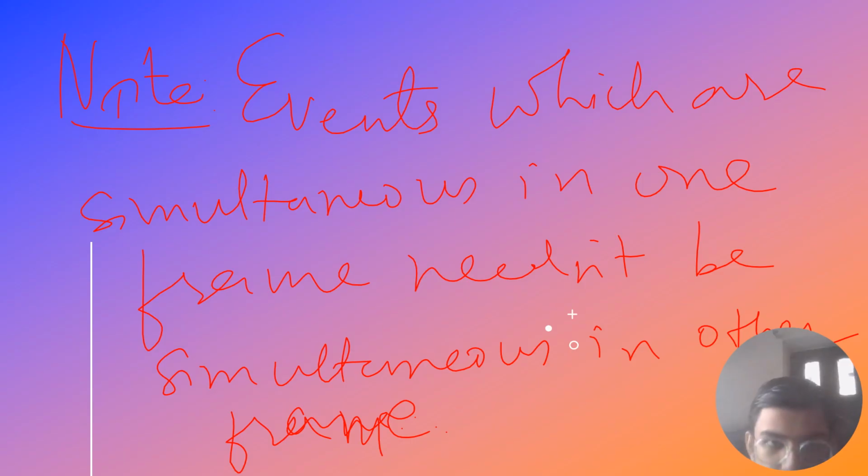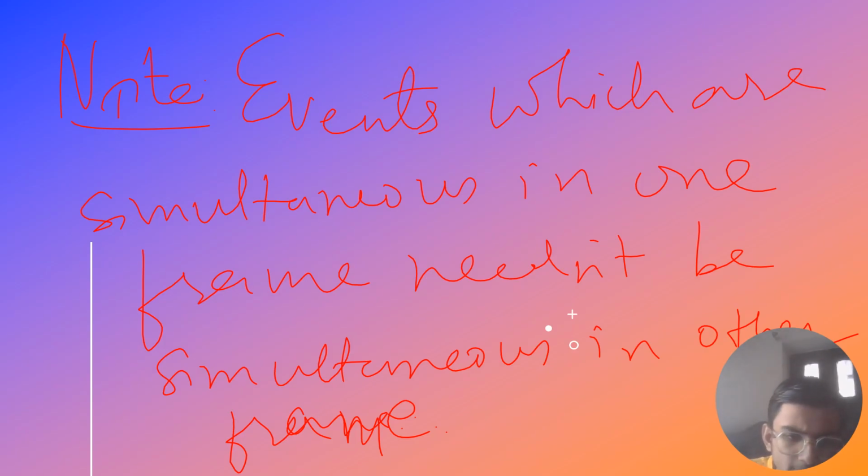But in all this discussion, you have to understand that we are discussing from that frame only. If we are in the train frame, we are just dealing with the train frame, where a person is in the train frame and observing this event occurring. Same from the ground frame. But when an event is occurring in the train frame and we are observing it from the ground frame, then things will differ. The result will reverse.